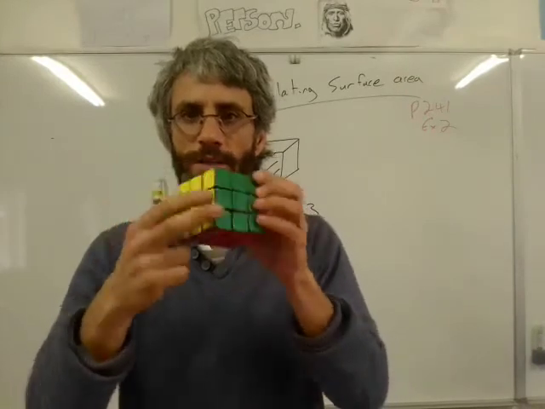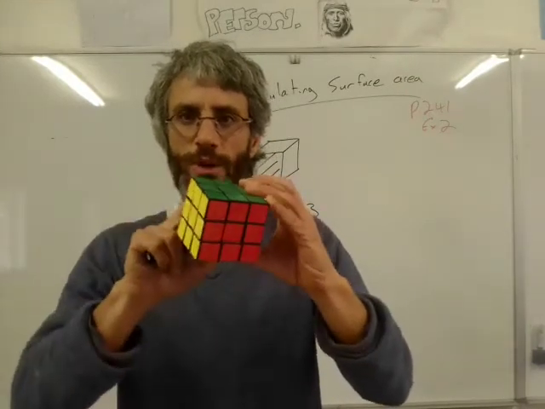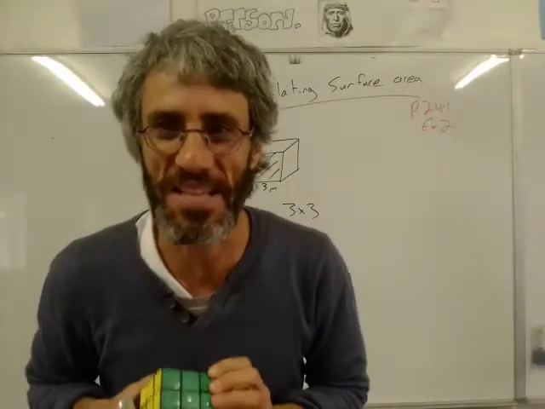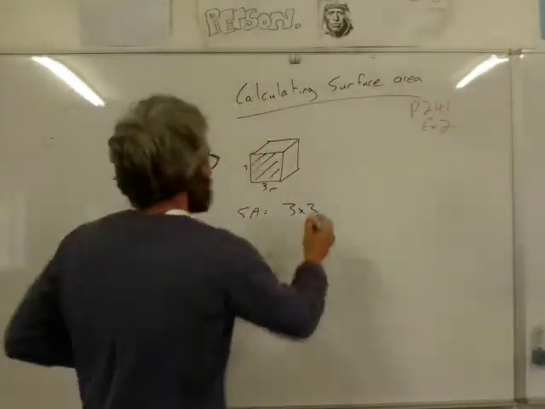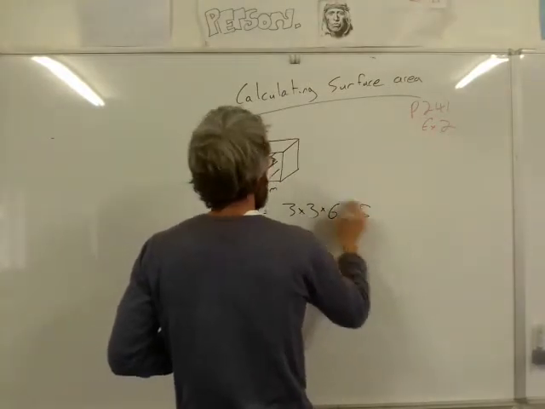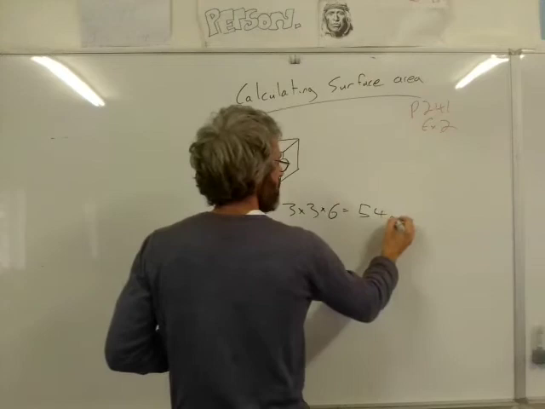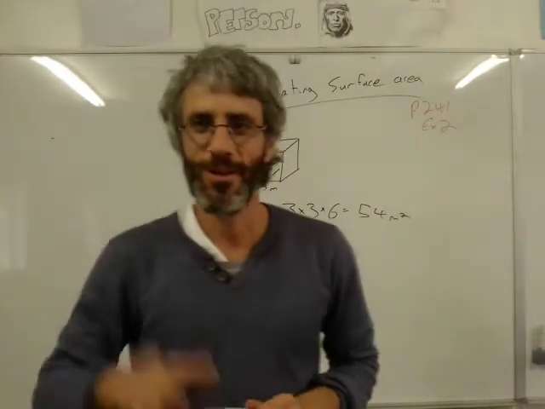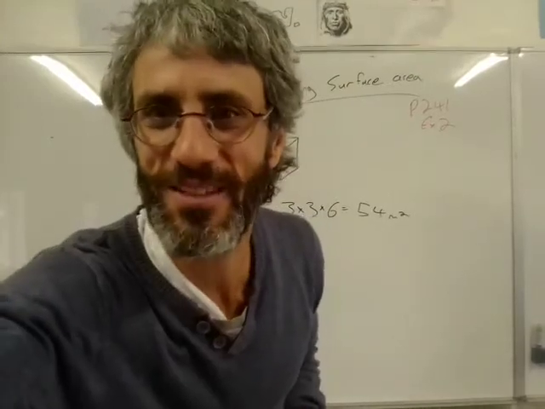Okay? 1, 2, 3, 4, 5, and 6 sides. So we're going to have to multiply it by 6. 9 times 6 is 54, and if I work with meters, it will be 54 meters squared. Okay? Right, let's move on to the next shape.